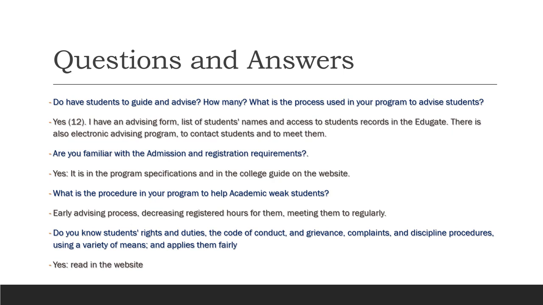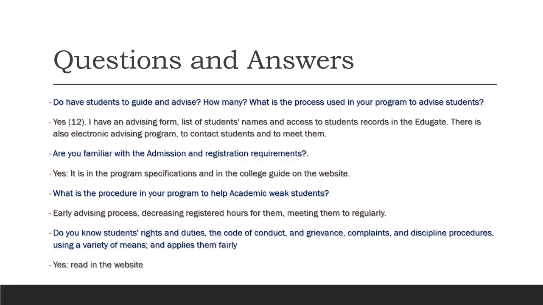But of course, the faculty member as advisor should have a number of students, 10, 15 students. They should be distributed equally over faculty members. And these students, you have to contact them. In our university or other universities now, we have an electronic advising program.